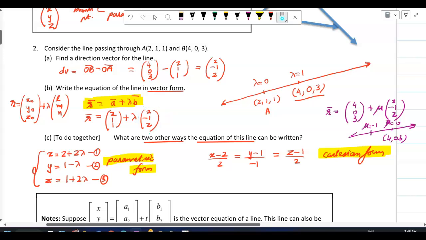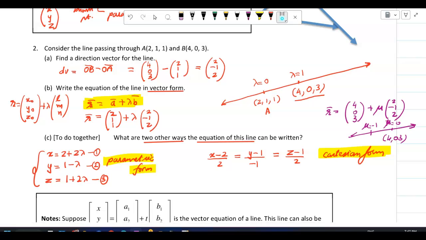But if you write this as 1 minus y, then this won't be the direction vector. So you have to write y minus. Variables have to come in front, x, y, z. Then this will be your direction vector, and this will be your position vector for a known point.